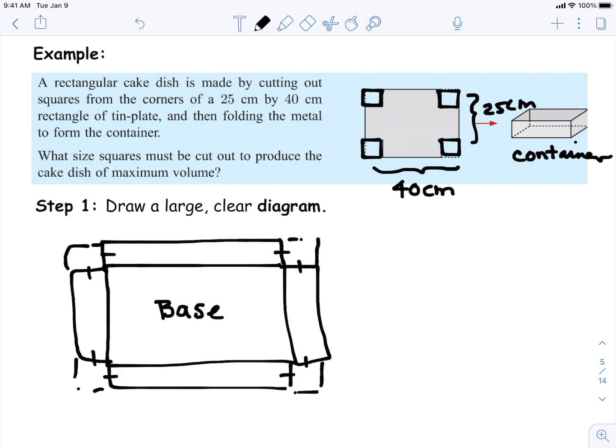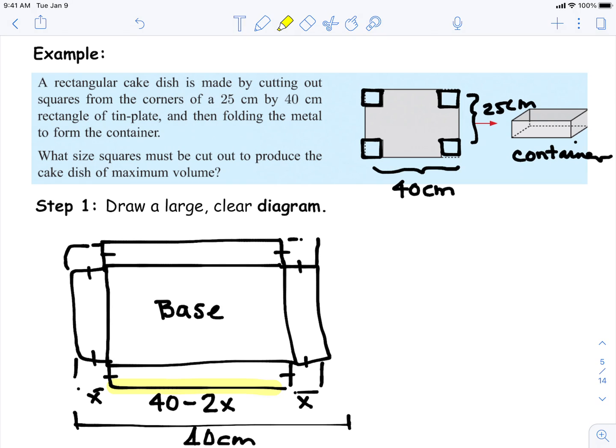So we know that this distance here is 40 centimeters. So we're going to let this be X and X. So we're going to take away two X's. So this distance is going to be now 40 minus 2X and 40 minus 2X.